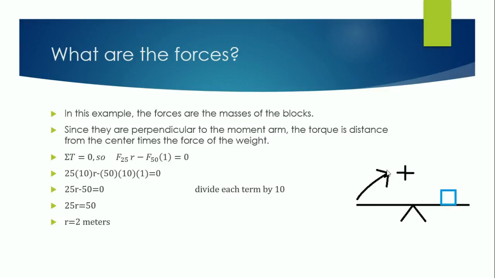And same thing, if you're one half the mass, you have to sit twice as far, just like in this case. And if you both weigh the same, then you have to sit the same distance away from the fulcrum. So it's all ratio. The distance is all about the ratio of the masses.